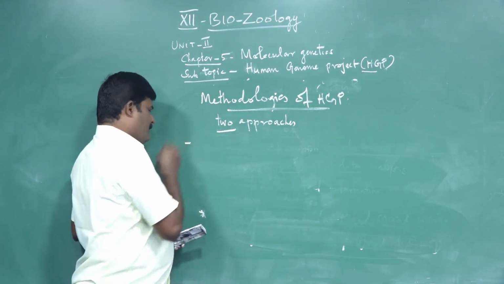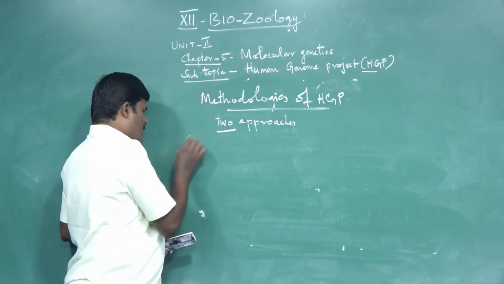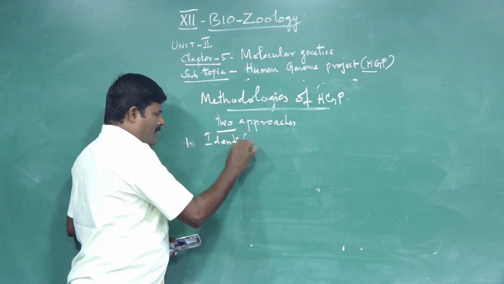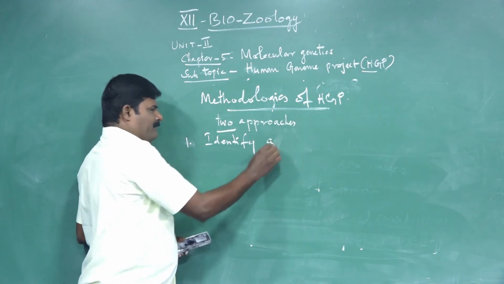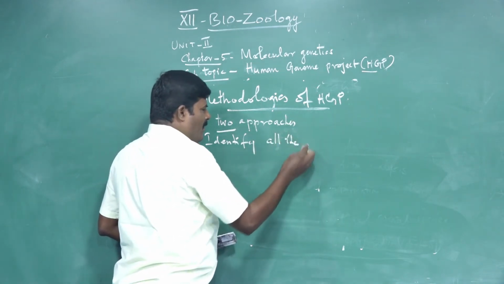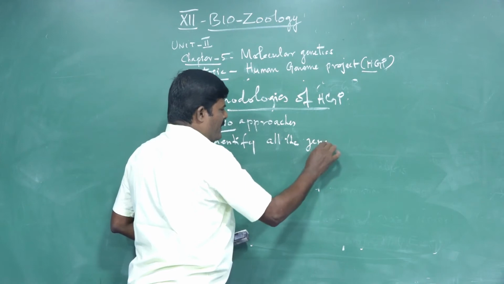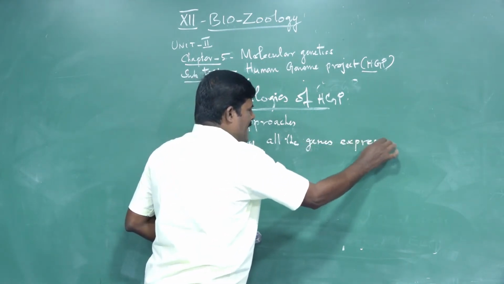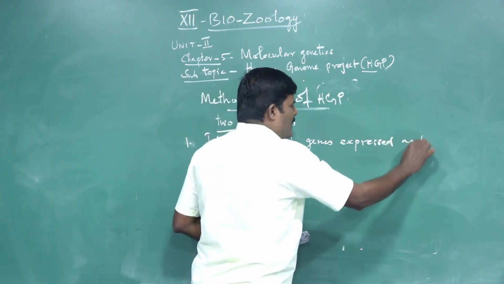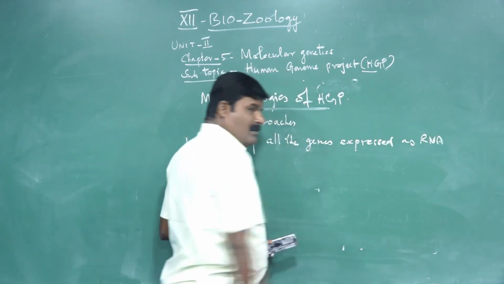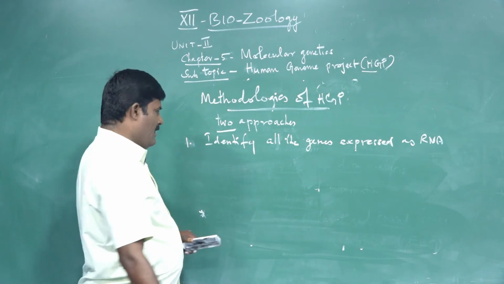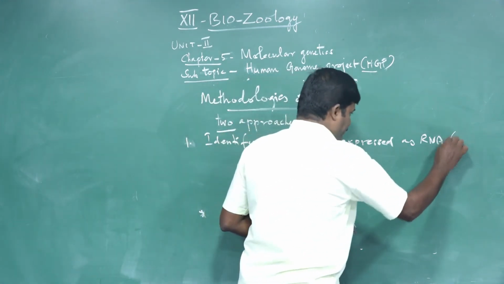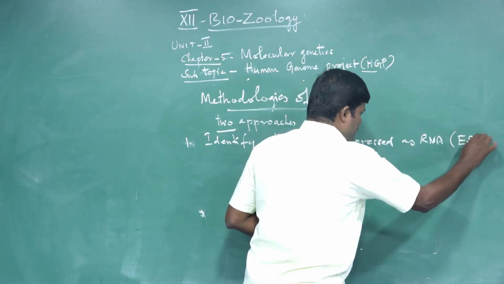The first approach: identify all the genes expressed as RNA. This is called EST.